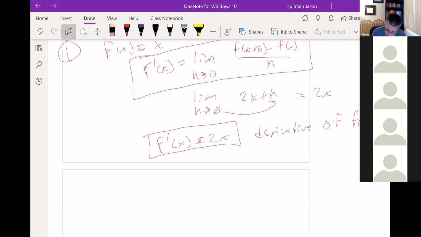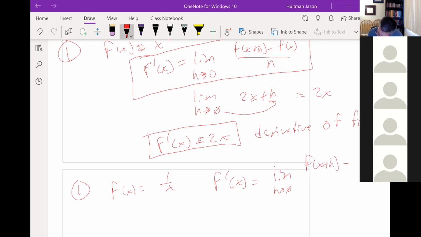Let's do it for the other ones here. Let's say that f of x is equal to 1 over x. What's the derivative? What's f prime of x? It's the limit as h goes to 0 of f of x plus h minus f of x all over h.